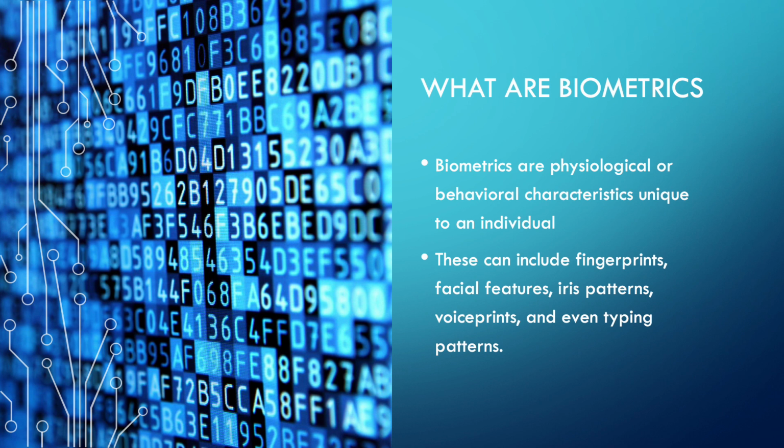Biometric systems capture these characteristics and convert them into digital data, which is then compared to stored templates for authentication. So some quick examples of this would be the fingerprint recognition that we use on our smartphones, and then facial recognition, a lot of that is also used on the iPhones that we use every day.